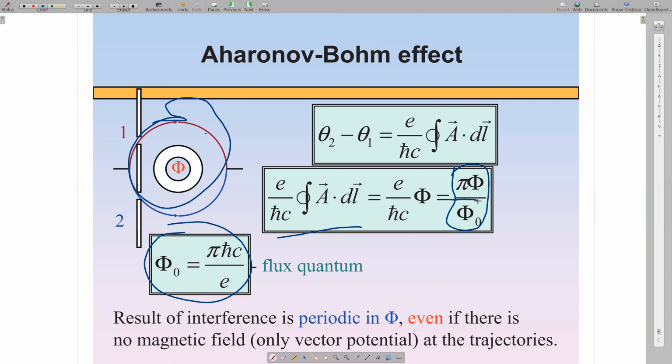Right, phase is periodic, if one changes phase by 2 pi, nothing happens. So the result of interference is periodic in flux. That's the way to distinguish it from many other effects.